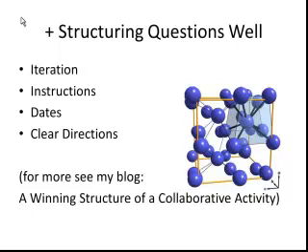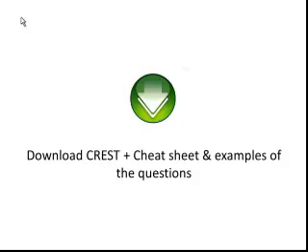If you want them to post 2 comments, wonderful, then state that and also give examples and model what you would like them to do. You need to, of course, provide dates and deadlines and clear directions for them to be able to navigate your learning management system to post these discussions. And this is it. This is a CREST structure for you.